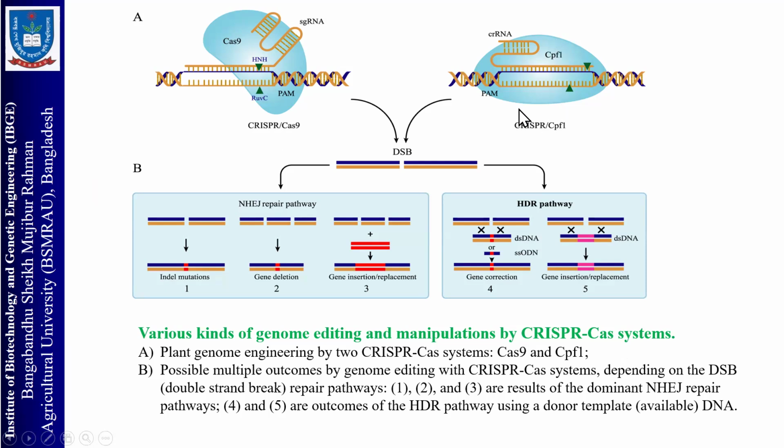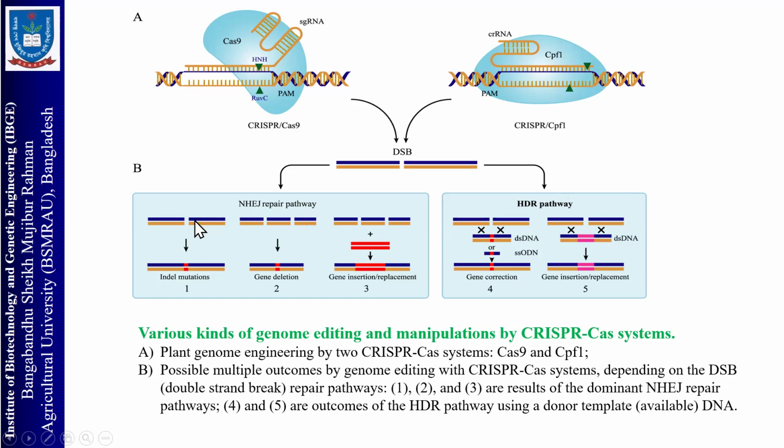And here, the double strand break is the ultimate target at a specific location where you are targeting. There are two pathways involved in genome editing using the CRISPR-Cas system. One is the non-homologous end joining repair pathway, and the other is the homology-directed recombination pathway. Recombination means something combined to the original DNA sequence.